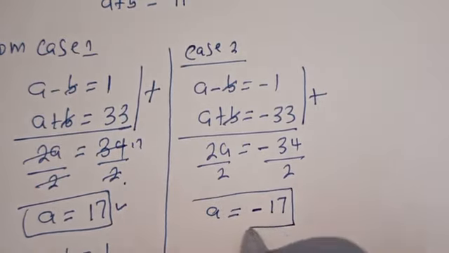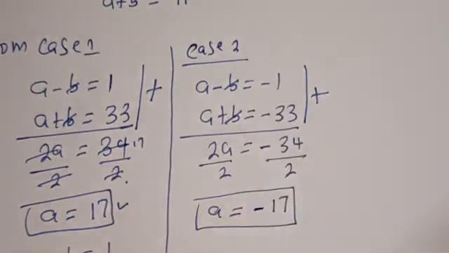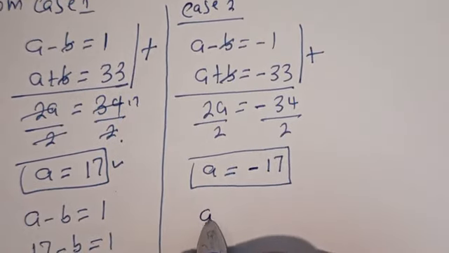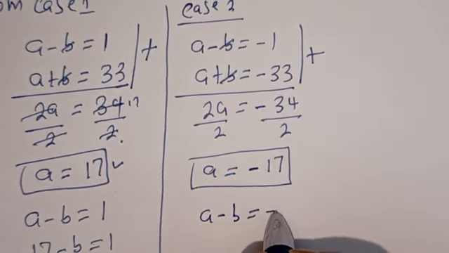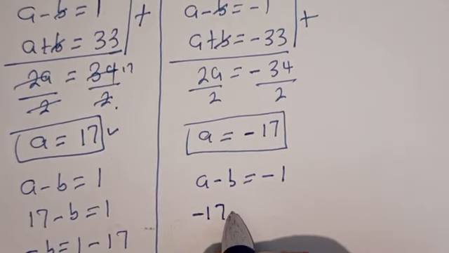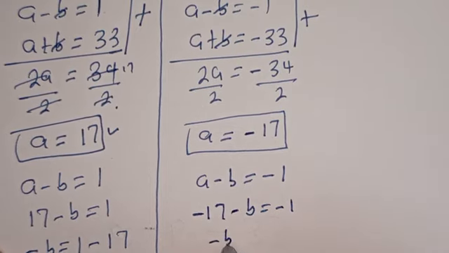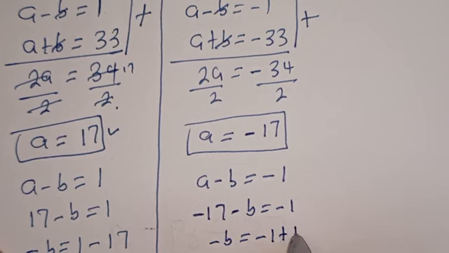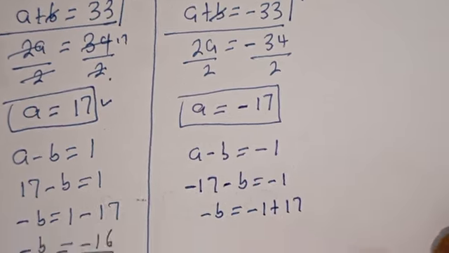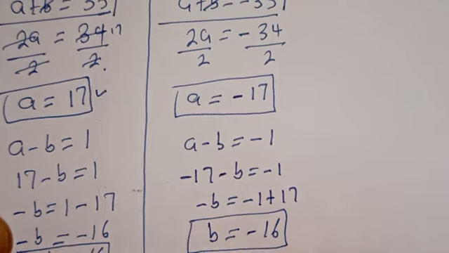Now we've gotten the value of a. Let's substitute for a in either 1 or 2. Let's make use of this one. a minus b is equal to minus 1 when a is minus 17, so minus 17 minus b is equal to minus 1. Then minus b will be equal to minus 1 plus 17. b is equal to minus 16. This is the value of b.